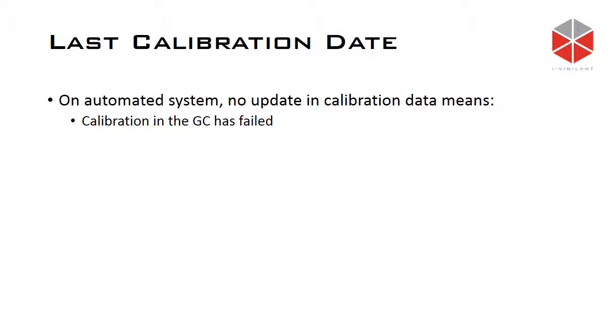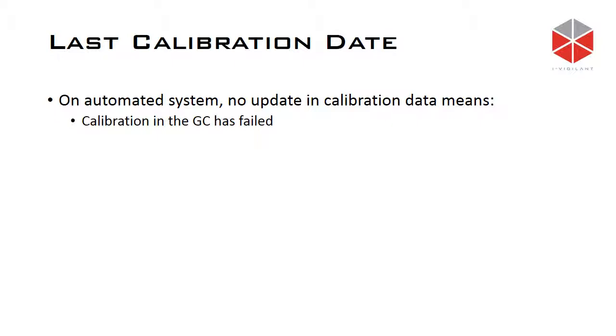The other thing that we suggest checking on the automated system is the last update of the calibration data. Automated system means we have an auto calibration system. Let's say we have a 24-hour calibration that is automated in the GC. What the system expects is that new data will be updated after 24 hours. So what we set up is that if after 24 hours there's no data, there are two possibilities.